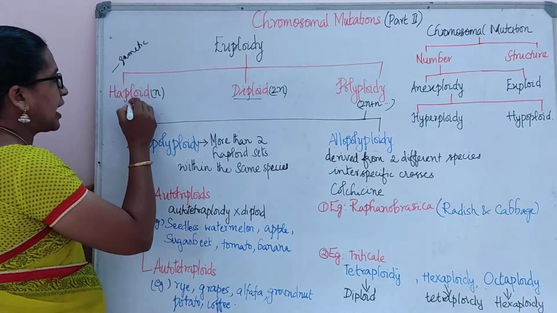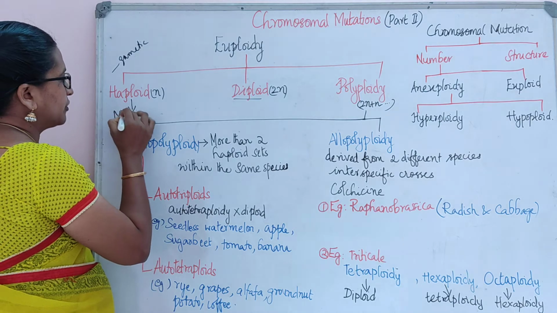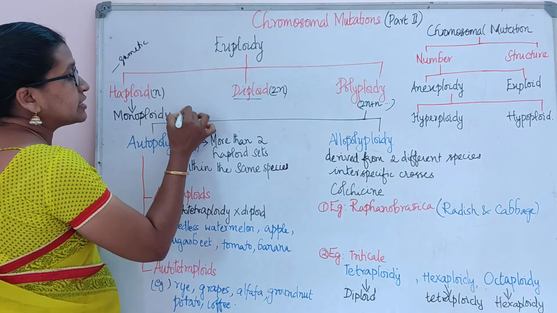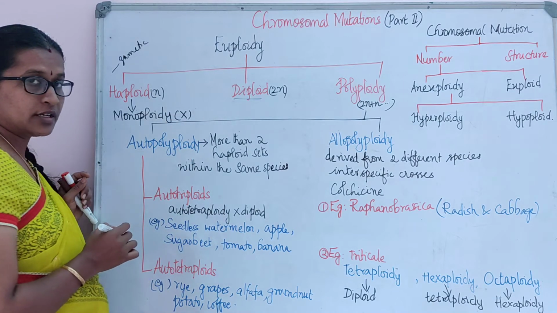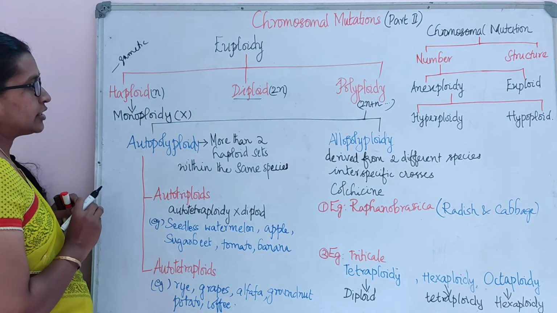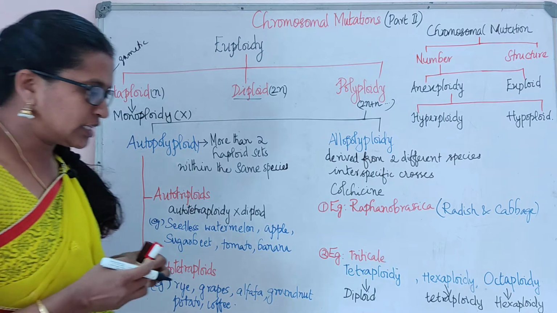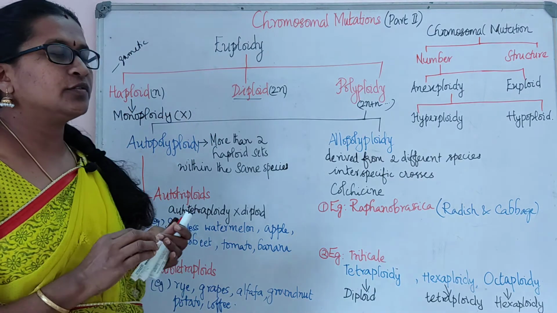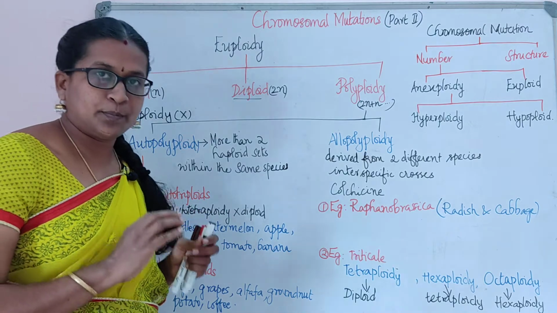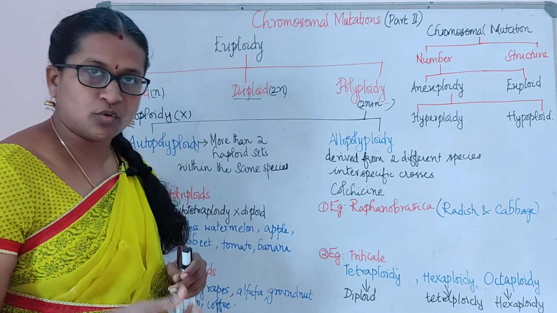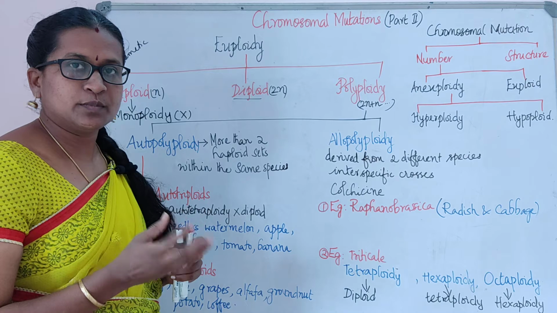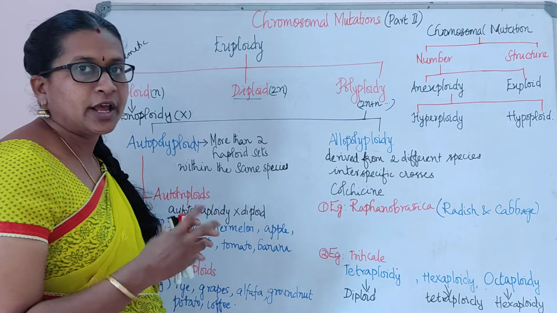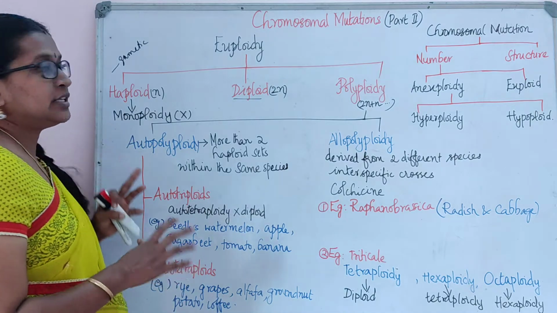But here we also have monoploidy. In haploid we have monoploidy, and it is represented as X, right? Haploid is different from monoploid, but sometimes the chromosome number of both haploid and monoploid will be the same.